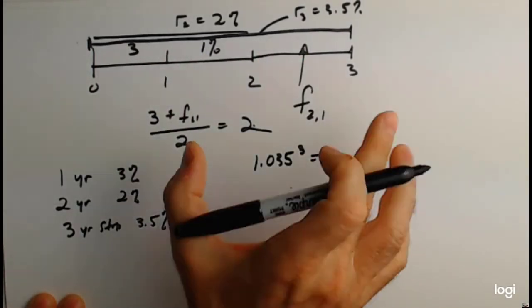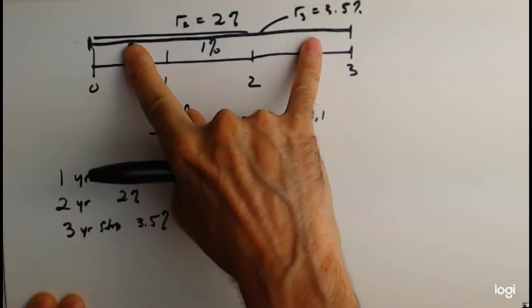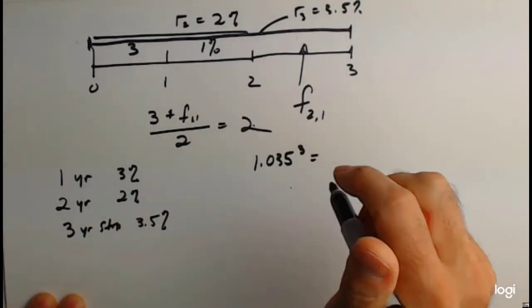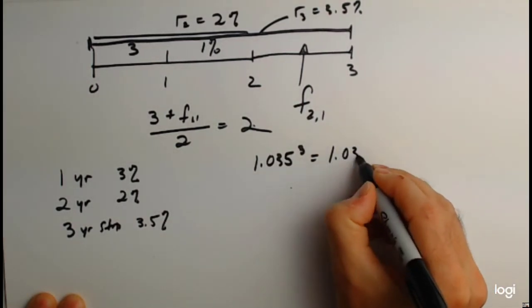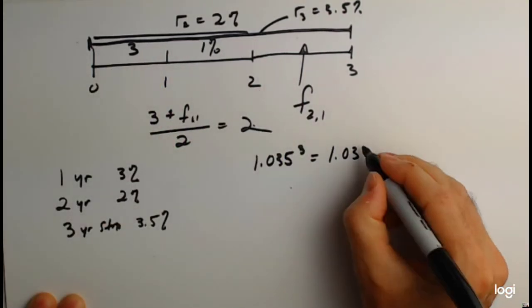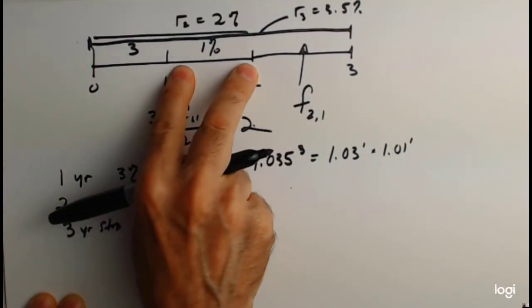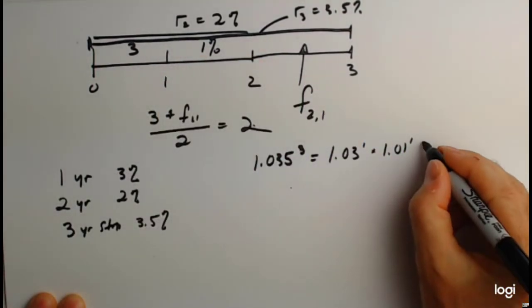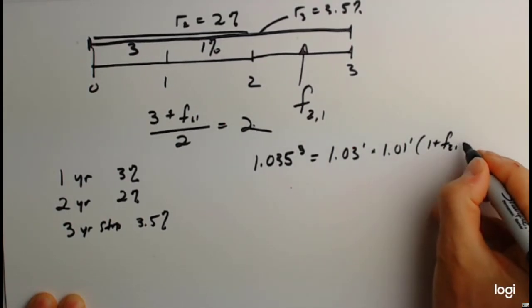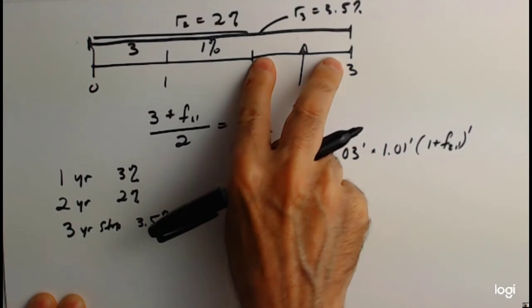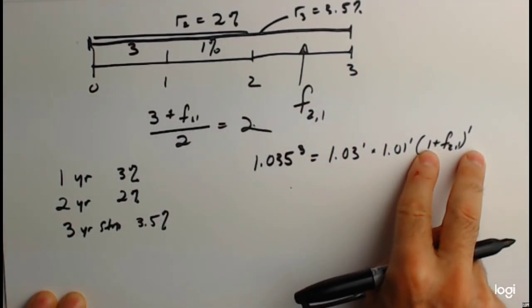And you're going to be indifferent between locking your money up for 3 years at 3.5% per year, versus investing it at 3% for 1 year, 1% for 1 year, versus 1 plus F21, 1 for 1 year, this missing interest rate. So that's one equation, one unknown.